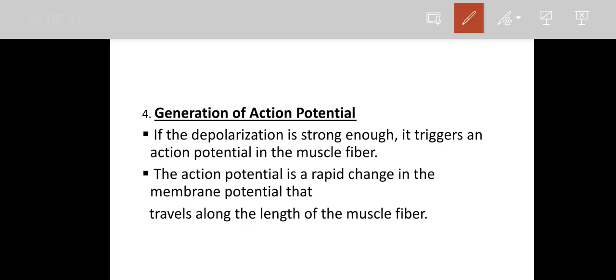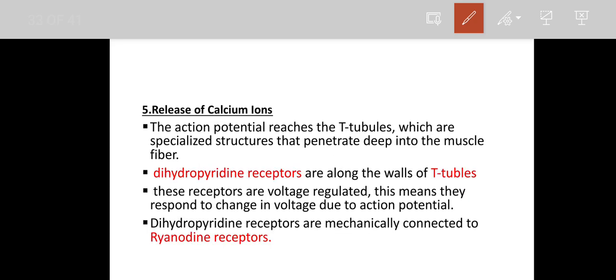Summary: if depolarization is strong enough, it triggers an action potential in the muscle fiber. The action potential is just a rapid change in the membrane potential that travels along the length of the muscle fiber. Then let's now go to release of calcium ions.